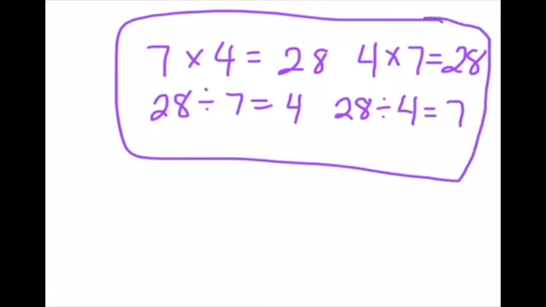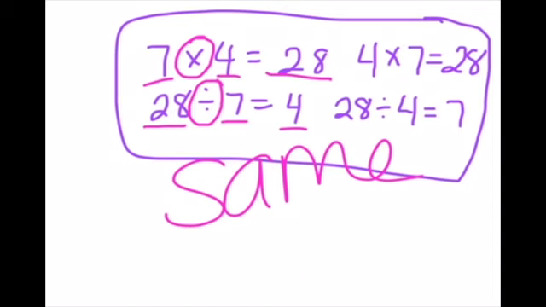That's our fact family, and we use the inverse operation when we switched our multiplication sign to a division sign, and the order of our numbers is different, but they're the same numbers, okay? Just a different order.